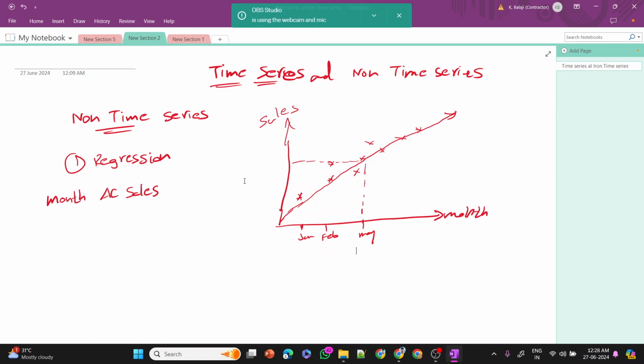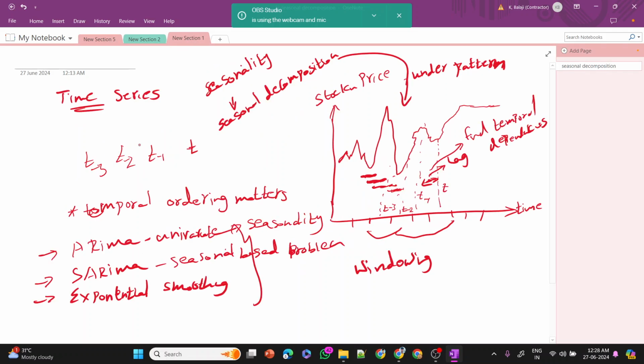In these kinds of time series algorithms like ARIMA, the models assume a linear relationship, and they are not well suited for handling complex seasonality or multivariate data. These kinds of time series problems need to be stationary.